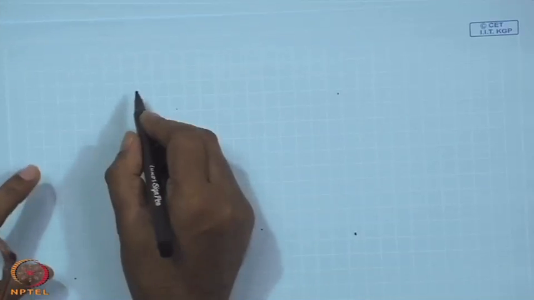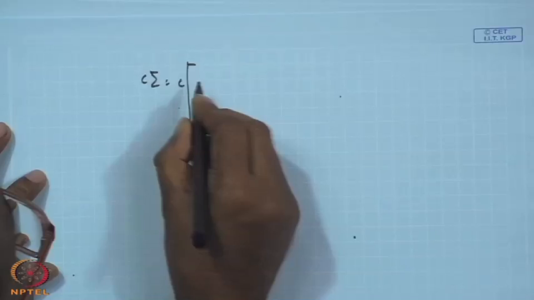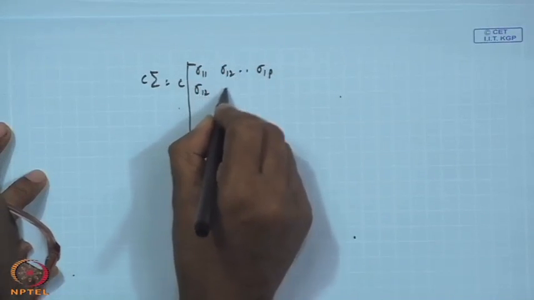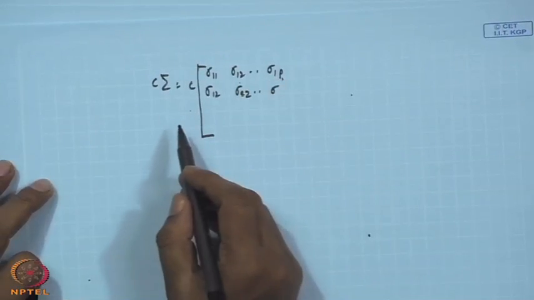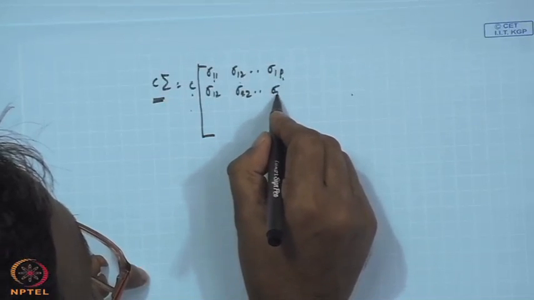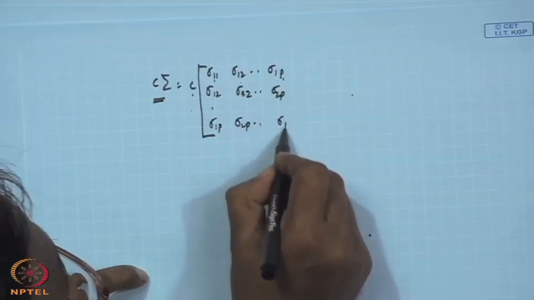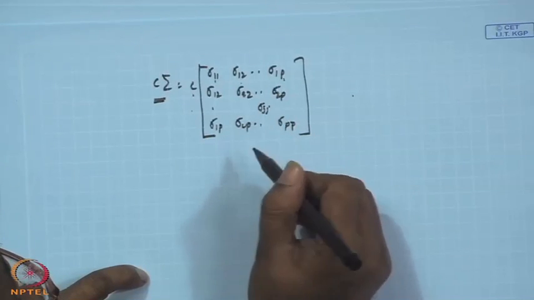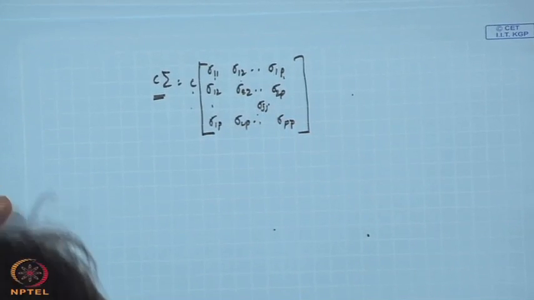This covariance C sigma is C times the matrix with entries sigma 11, sigma 12, up to sigma 1p, then sigma 22 and so on up to sigma pp. Somewhere in between there will be sigma jj.